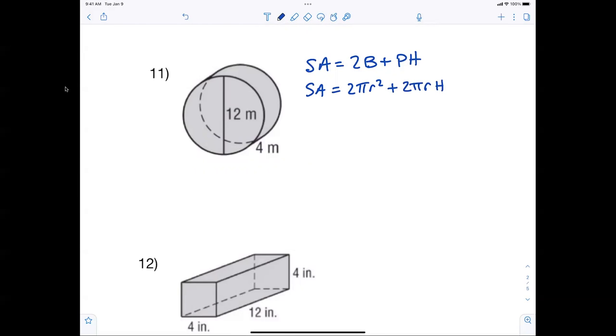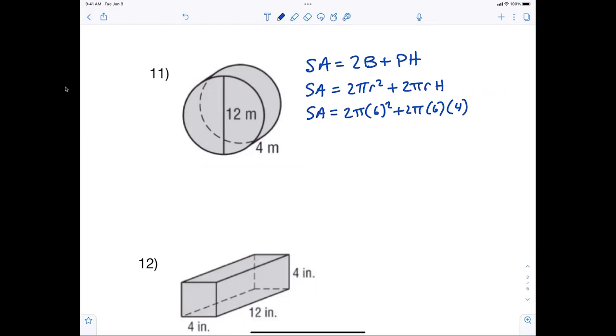Guys, that is very easy. I hope that's how you're learning it. The formula is very simple. So what's the radius again, guys? 6. So 2 pi times 6 squared plus 2 pi times 6. What's the height? 4.